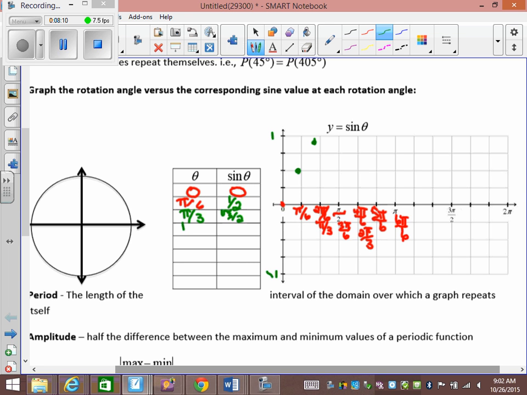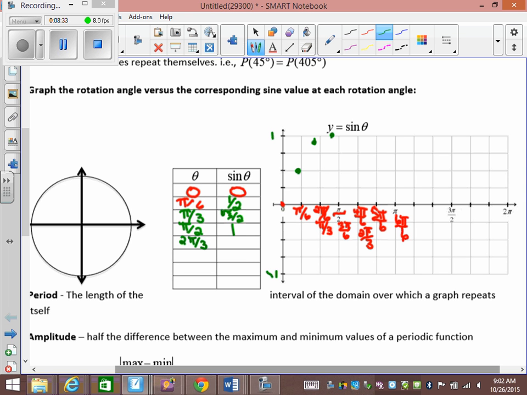And then at pi over 2, what is it? Pi over 2 is 90. At 90 it's 1, right? 0 and 1, so it's 1. Then at 2 pi over 3, what do I have?